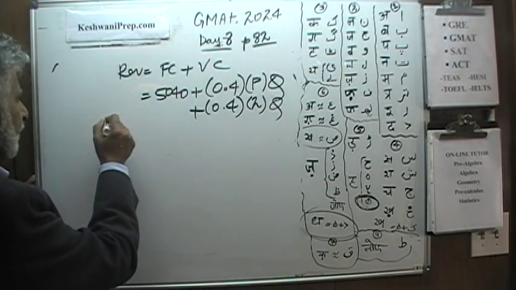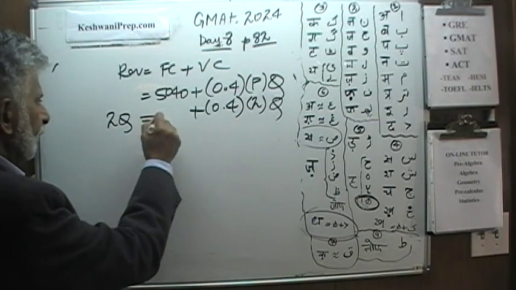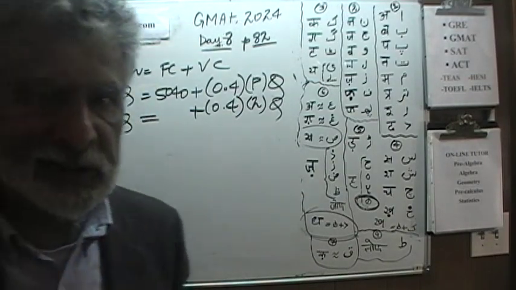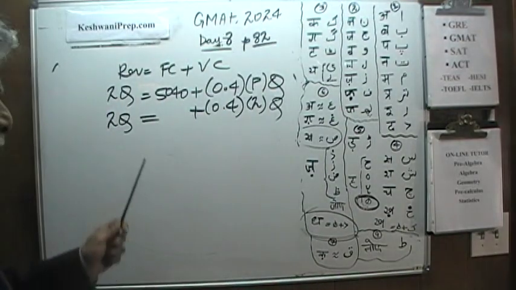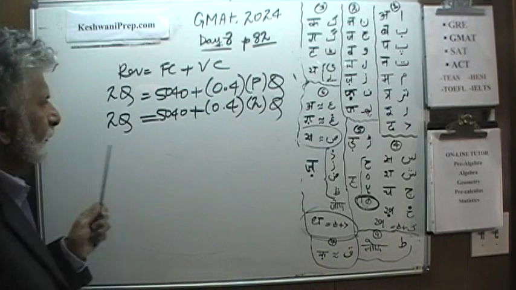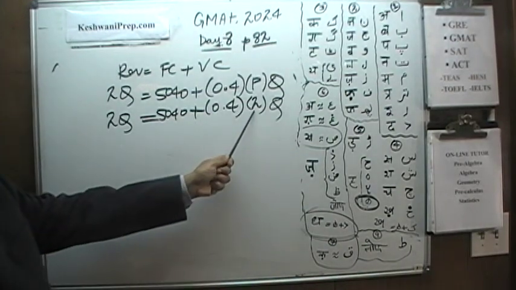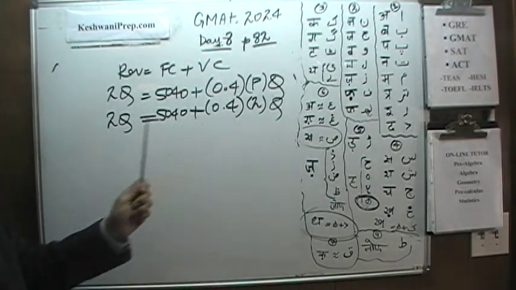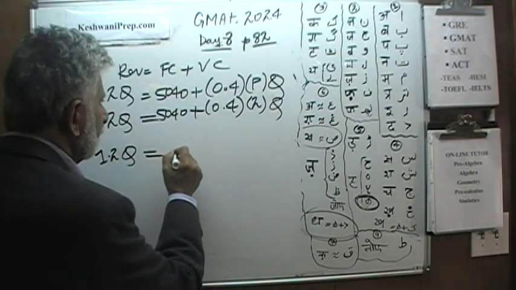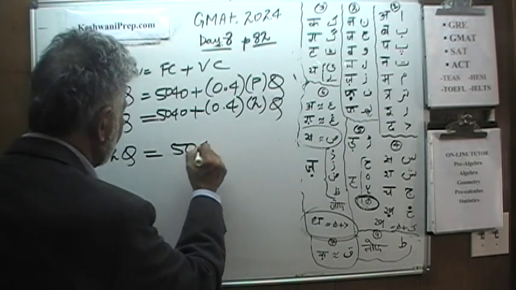And the revenue is simply 2 times Q, because we're selling Q units each for $2. So that's the equation here. 0.4 times 2 is 0.8. If you subtract 0.8 from both sides, we're going to end up with 1.2Q equals 5040.